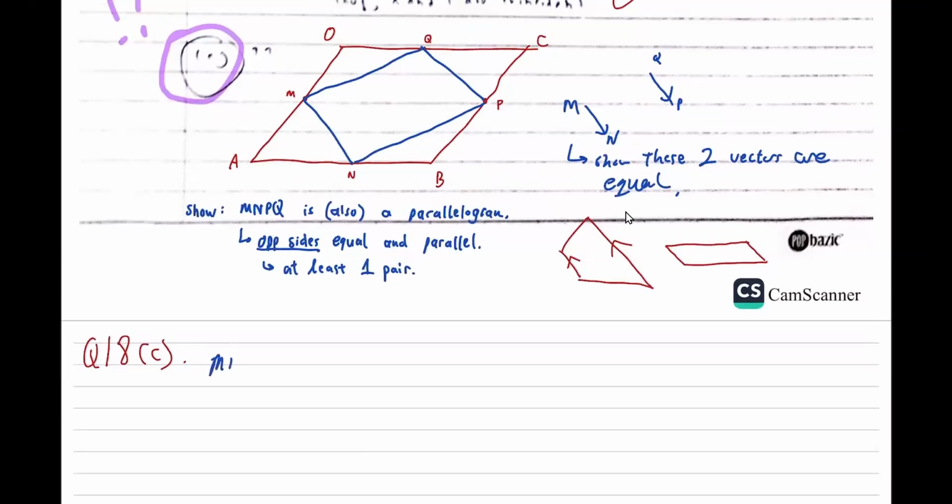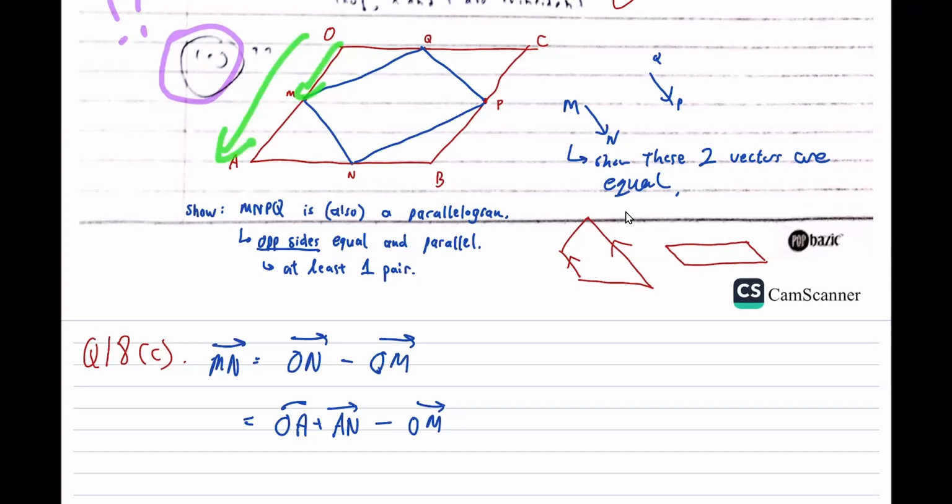So what we realize is that vector MN is actually just vector ON minus OM, end minus start. But what is ON over here? ON is just OA plus AN, right? Minus OM. But wait a minute, what's OM?